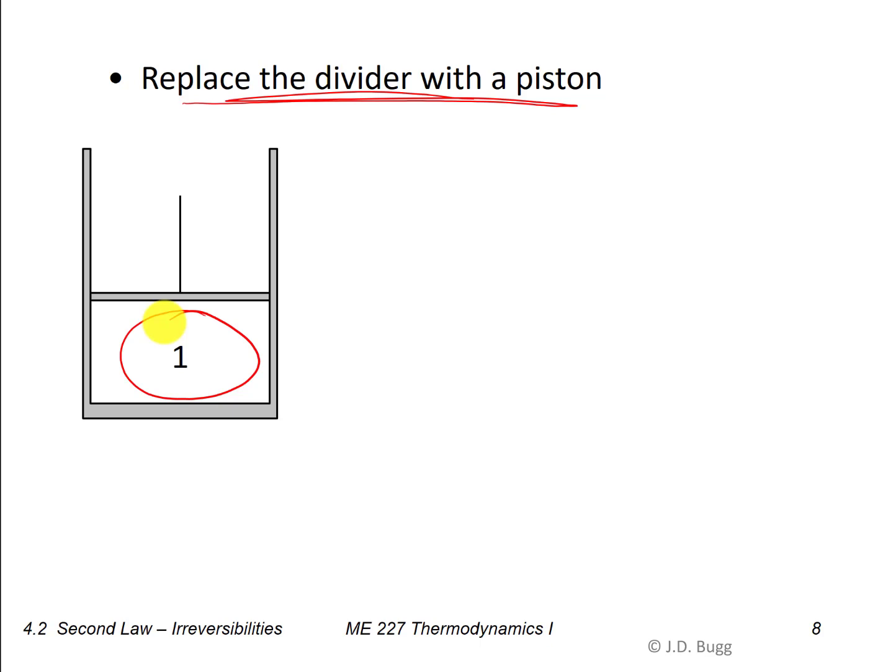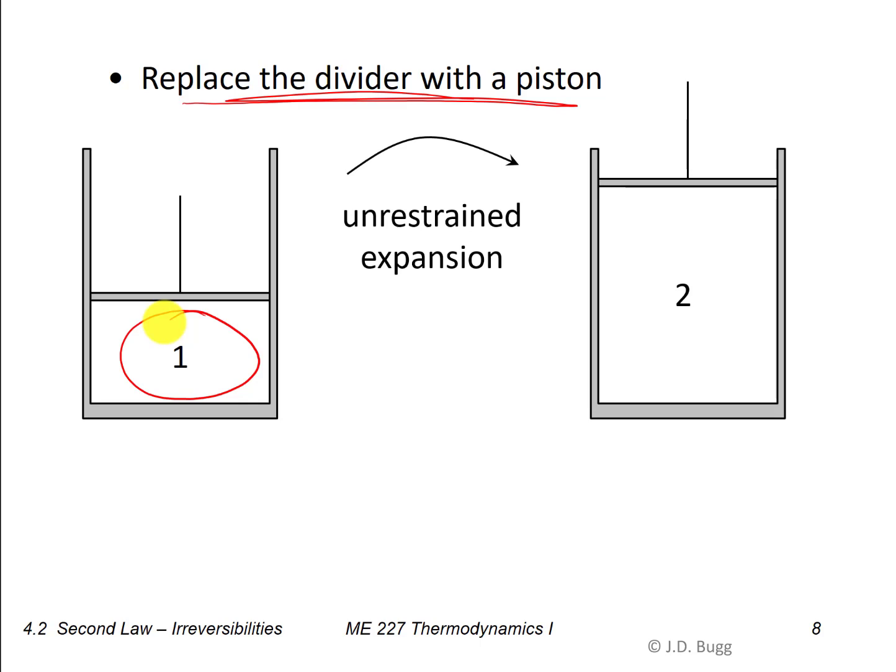And what we're going to do is very, very suddenly, instantaneously essentially, move that piston to a new location. So we're going to double the volume of this gas instantaneously by moving the piston from there to there very, very suddenly. So this gas is also undergoing an unrestrained expansion. And as far as this gas is concerned, it has no way to tell the difference between this scenario and the previous scenario.